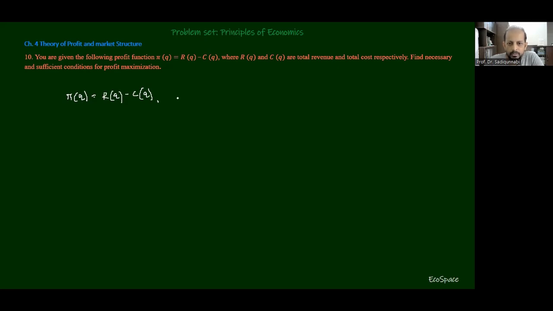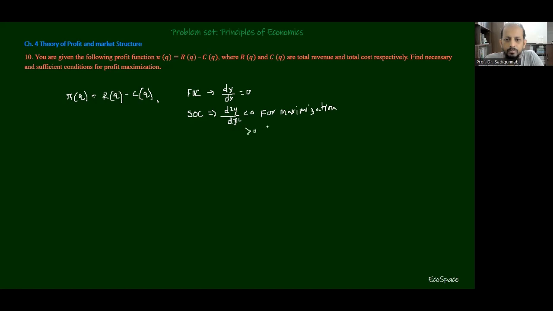So we know that the necessary condition is the first order condition, which is the first derivative equal to 0, and the sufficient condition is that the second derivative should be negative for maximization and positive for minimization.